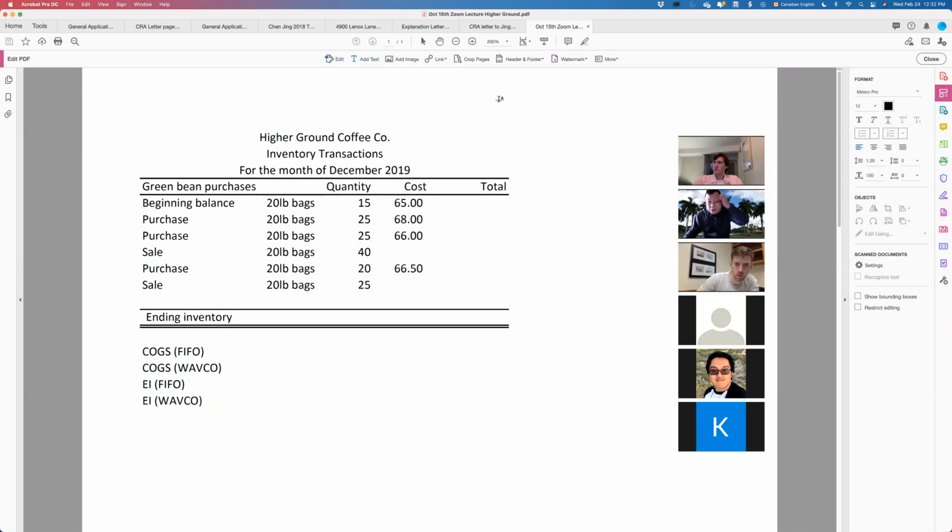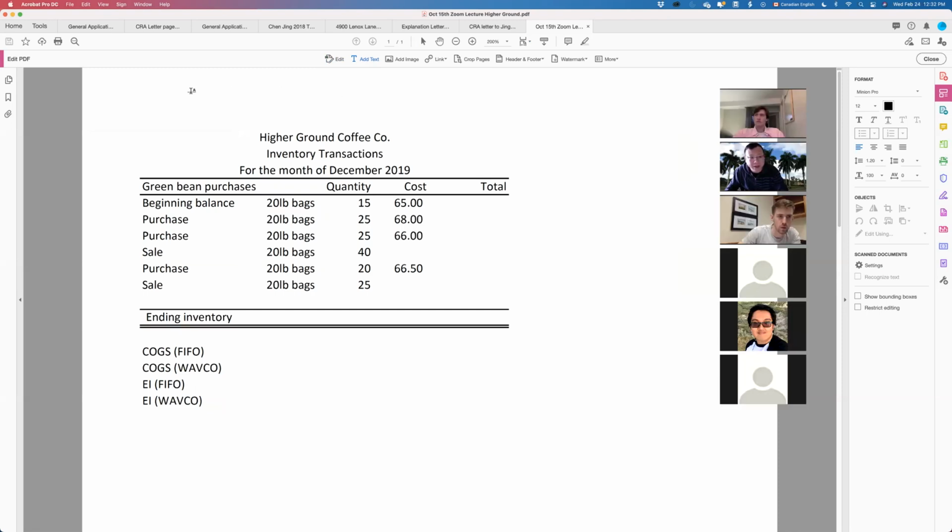Okay, so this question is about inventory, right? A very important thing before we do anything, I want you to really know this: the inventory equation. You have a beginning inventory, and during the year you will have made some purchases.